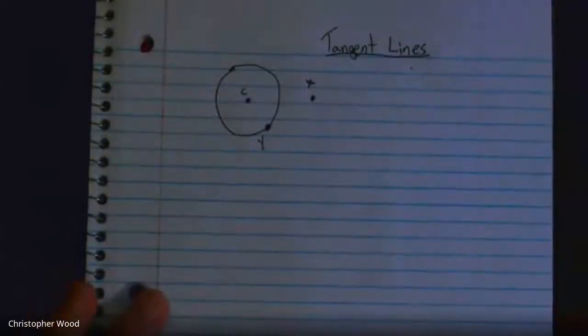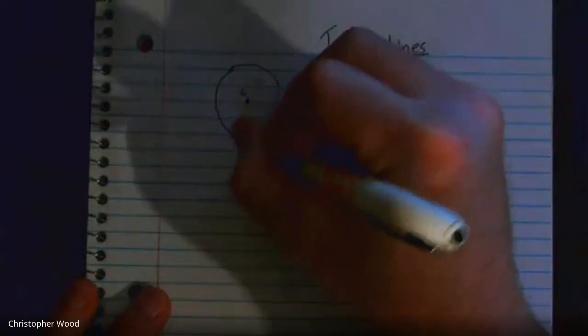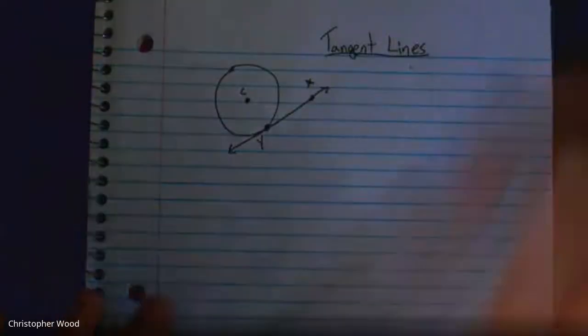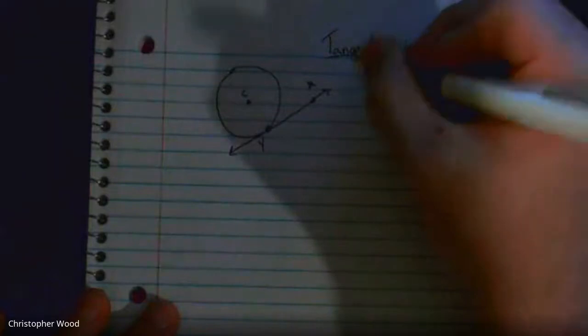I'll label them X and Y. So through the points X and Y, a line that crosses the circle and only touches the circle one time at one exact point is called a tangent line.